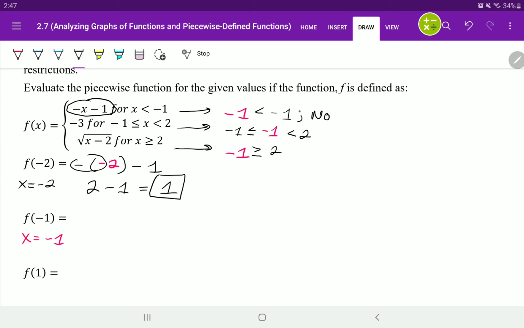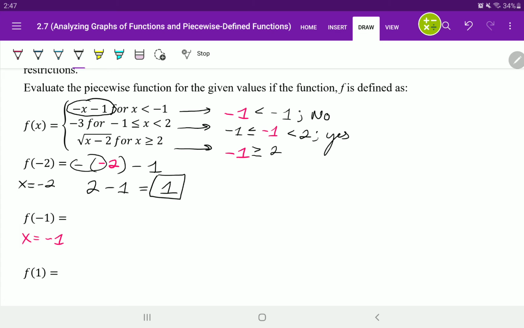No. A value cannot be less than itself. Is negative 1 a value that is between negative 1 and positive 2, where you can include negative 1? The answer is yes, because if you look here, negative 1 can be equal to negative 1. That's why that one works.